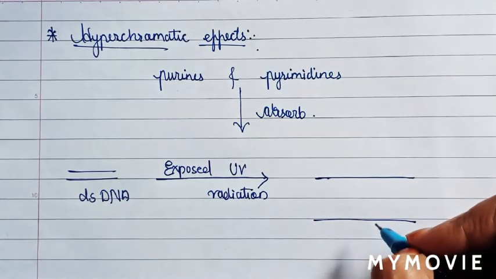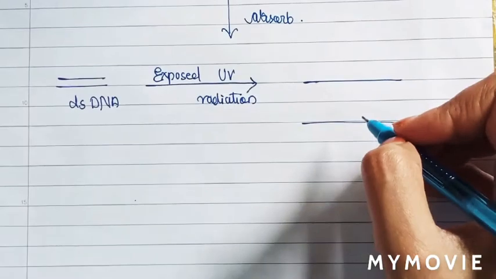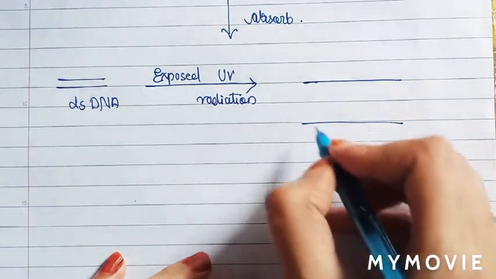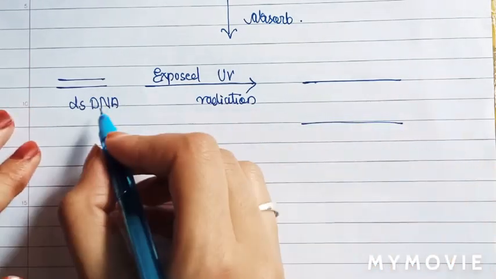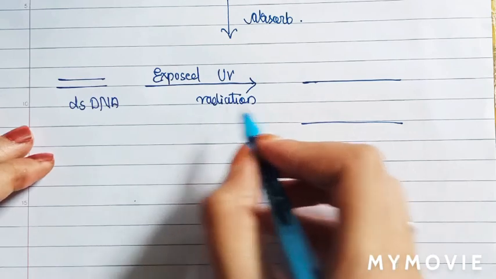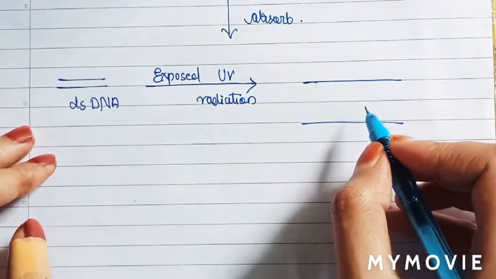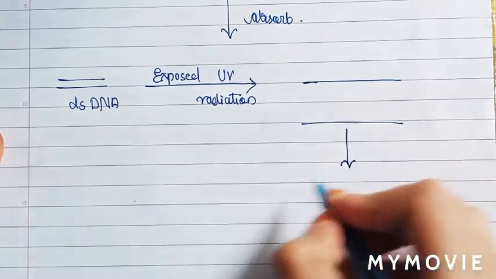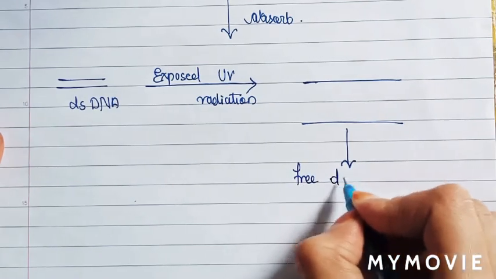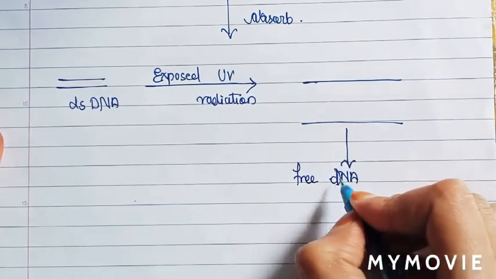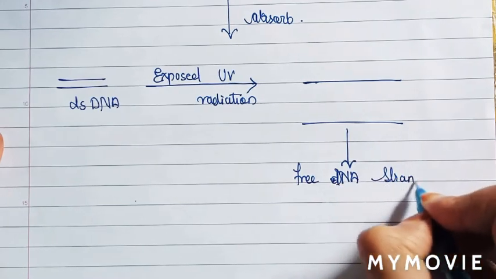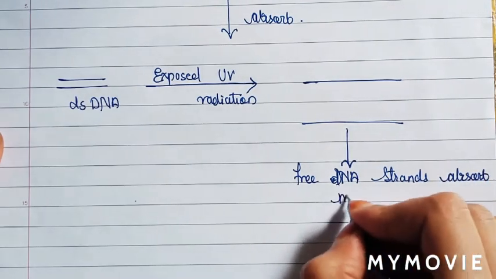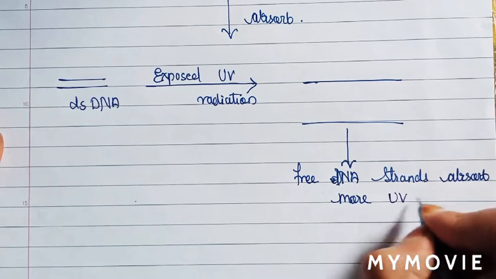But when the DNA strands get free, at that time they absorb more and more UV radiation. So we will write here: free DNA strands absorb more UV radiation.